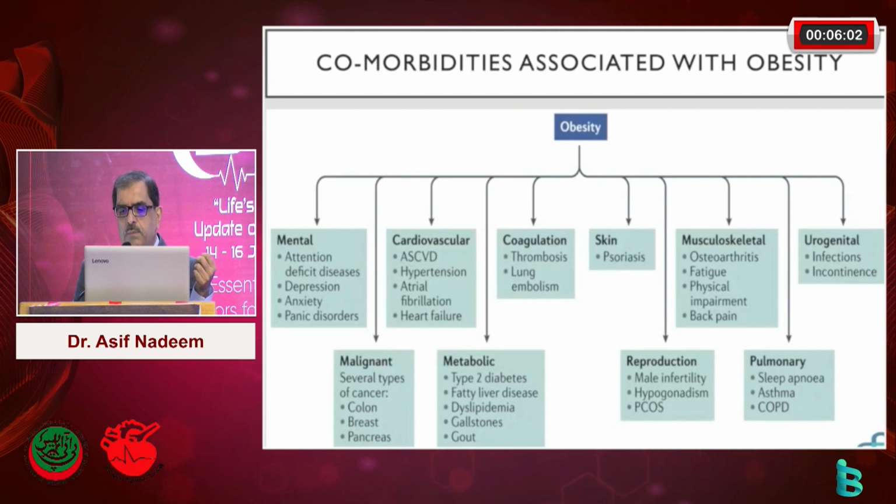They can have sleep apnea, and sleep apnea in itself can lead to atherosclerosis. They can have metabolic derangements like type 2 diabetes, fatty liver disease, dyslipidemia, gallstones, and gout. So it's very, very important to treat obesity. With treating obesity, you can treat all these conditions.